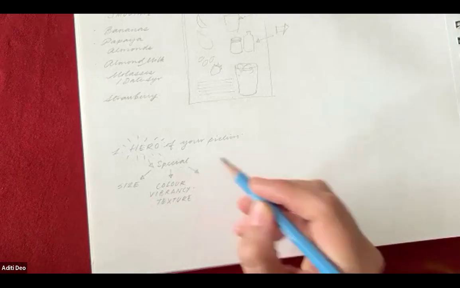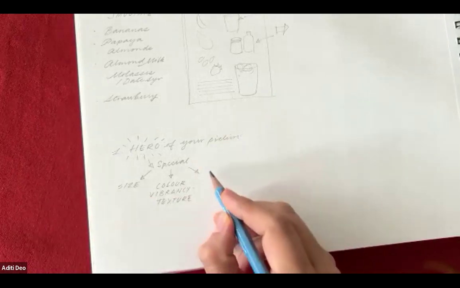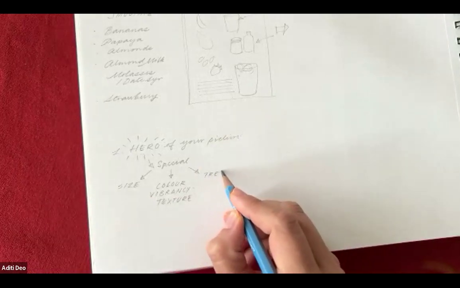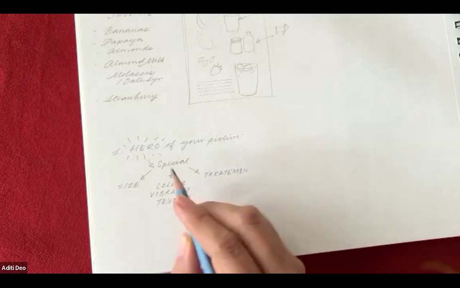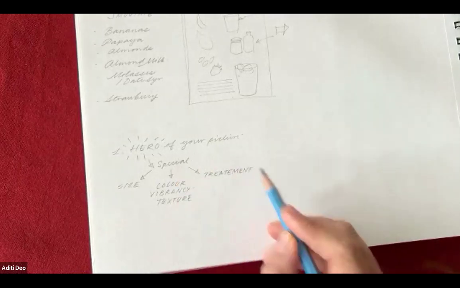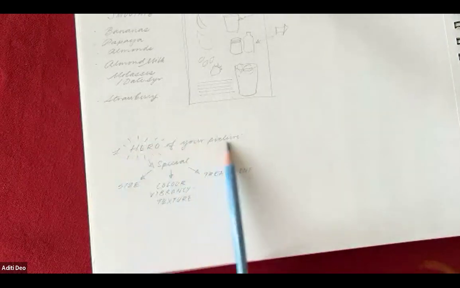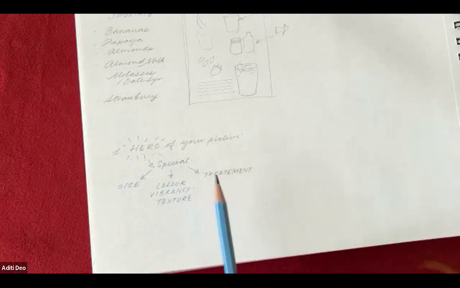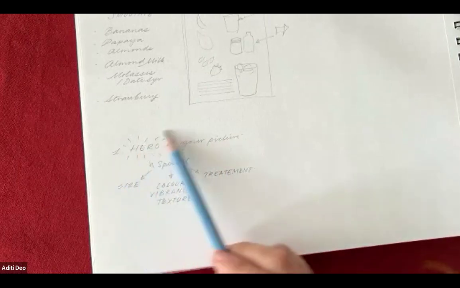And also sometimes different kind of treatments, like for example you could do a collage. It needs to stand out, so this becomes your main character, and a good 50-60% of the attention of your illustration should be given to the hero.